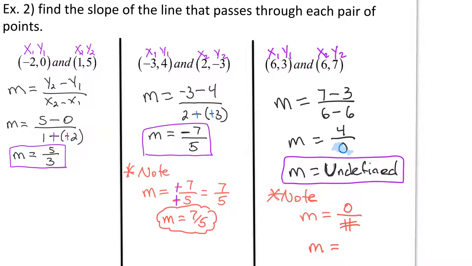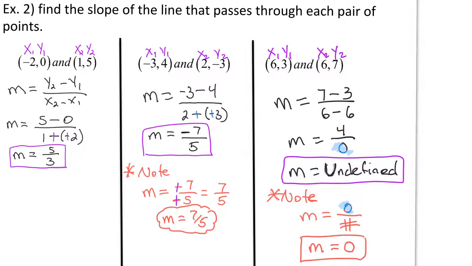Let me do that again. 0, right there. So a fraction with a 0 on the top is 0. And let me just highlight that again. You guys can see the 0 on the top right here. So that's going to be 0. If you have a 0 on the bottom, so here's an example, 0 on the bottom is undefined. But if you have 0 on the top, it's going to equal 0. So let me just put a box here so you know that is your answer.